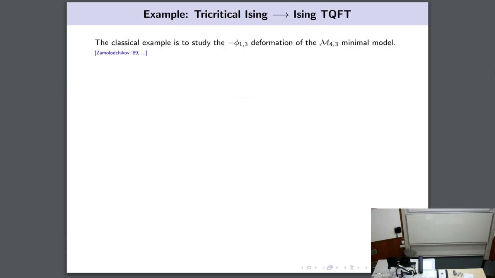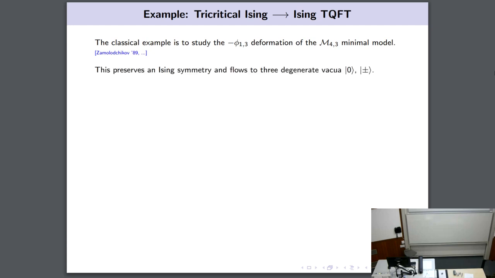So let's do the simplest example, which is the tricritical Ising CFT, M(5,4) to M(4,3) in this notation, with the phi-(1,3) deformation. This is very well known, it's a very old integrable flow. If you put the sign right, you go to two vacua. It's known essentially by Zamolodchikov, and these vacua have an Ising symmetry.